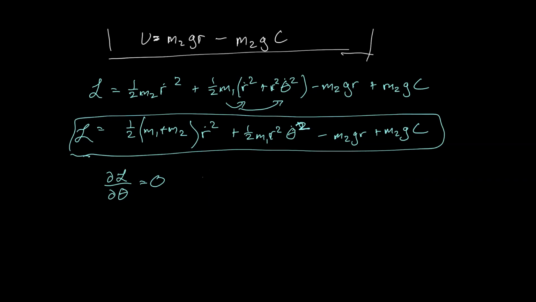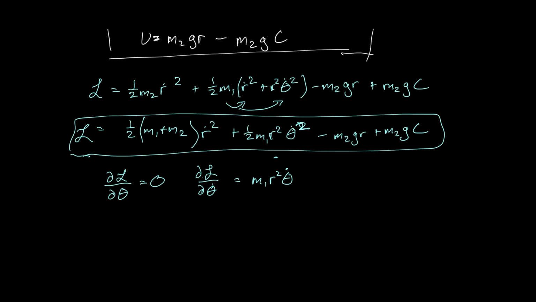I'm getting ahead of myself. The partial of the Lagrangian with respect to theta dot, we'll just pull it from right up here. Looks like there's only one term, and that equals 2 over 2, which is 1. So just m1 r squared theta dot.